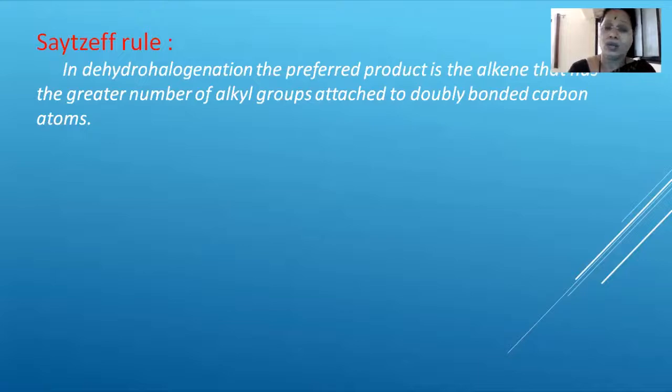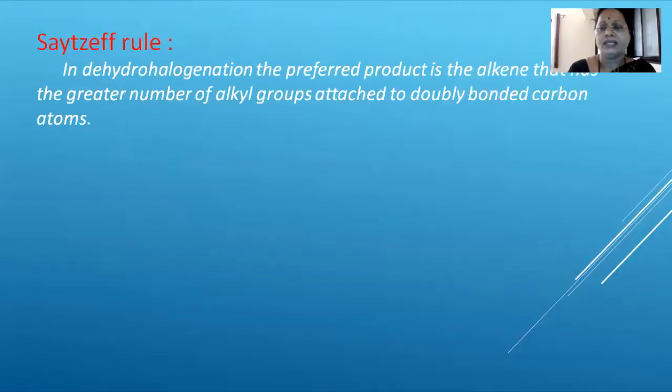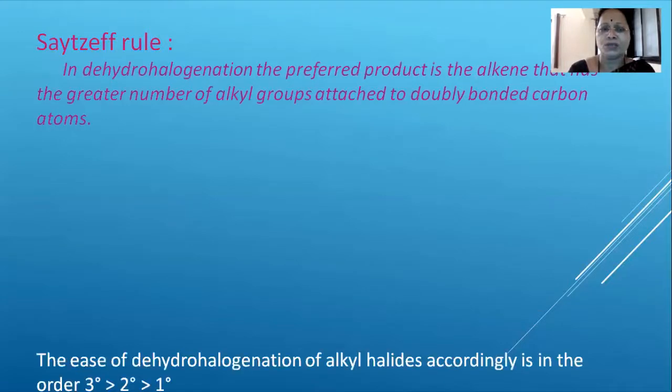In dehydrohalogenation, the preferred product is the alkene that contains the greater number of alkyl groups attached to the doubly bonded carbon atom. म्हणजे आताची जी रिएक्शन आपली झाली आहे त्यामध्ये अल्कीन आपल्याला 80% मिळालंय but-2-ene. तर हे कोणतं अल्कीन आहे, तर ज्याच्या डबली बॉन्डेड कार्बनला जास्तीत जास्त अल्किल ग्रुप्स जोडलेले आहेत. असं इथं but-2-ene आहे, but-1-ene ला कमी अल्किल ग्रुप्स जोडलेले आहेत. ओके, आणि सेझेफ रूल नुसार इथे प्रोडक्ट but-2-ene हा मेजर प्रोडक्ट असणार आहे.